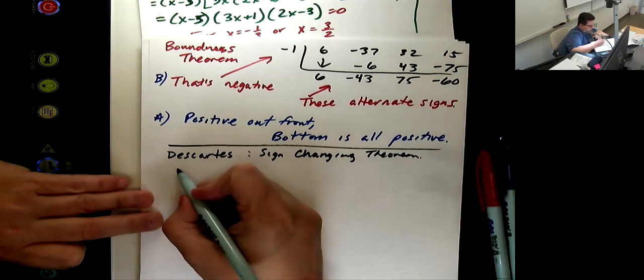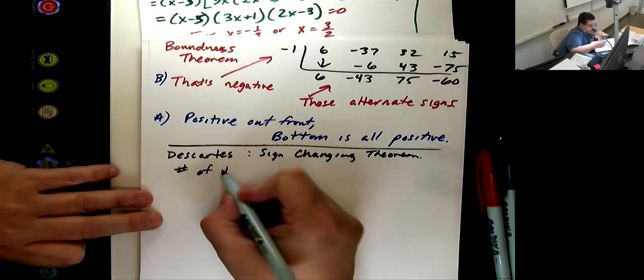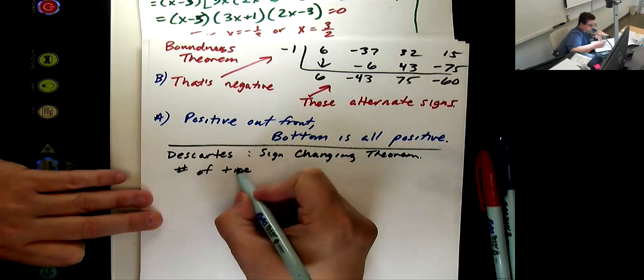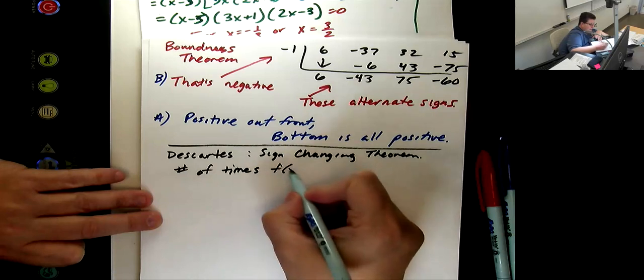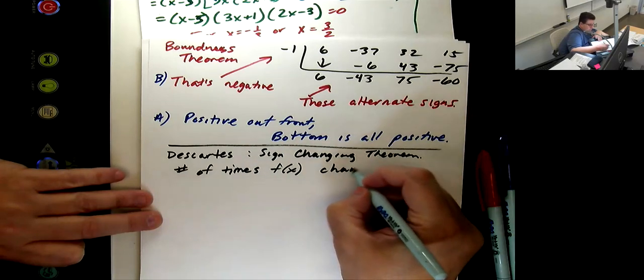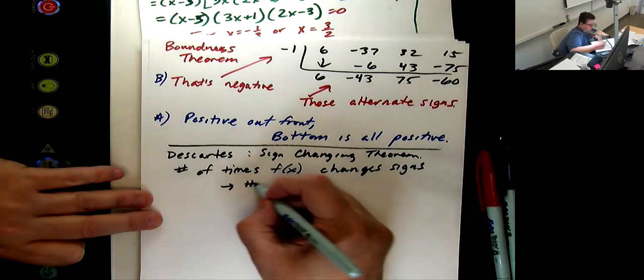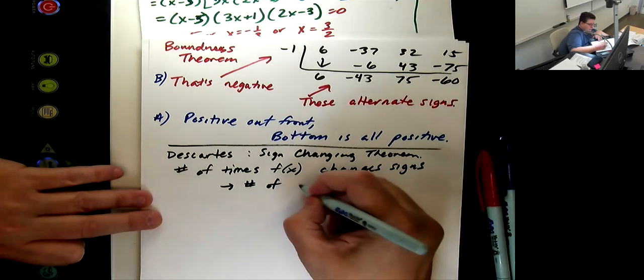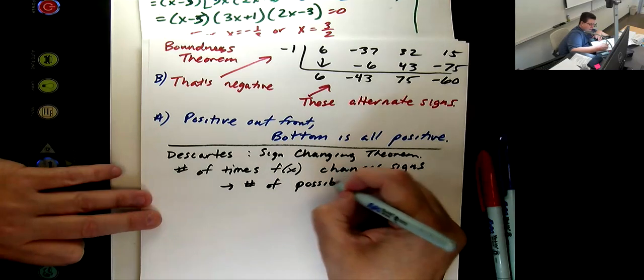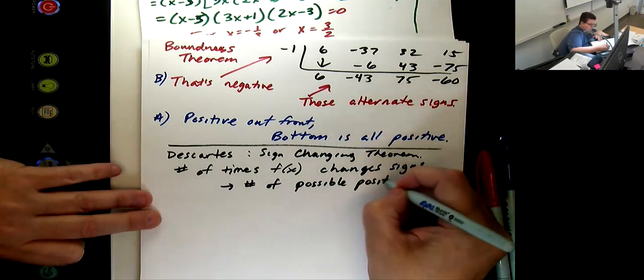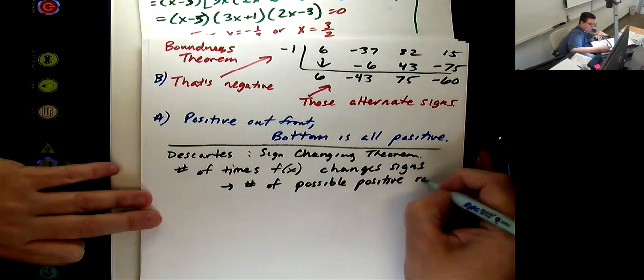The number of times f of x changes signs was our number of possible positive answers. Roots, they're called.